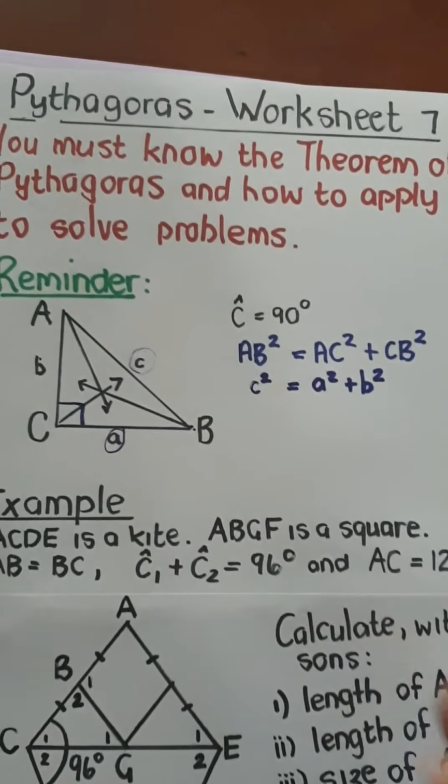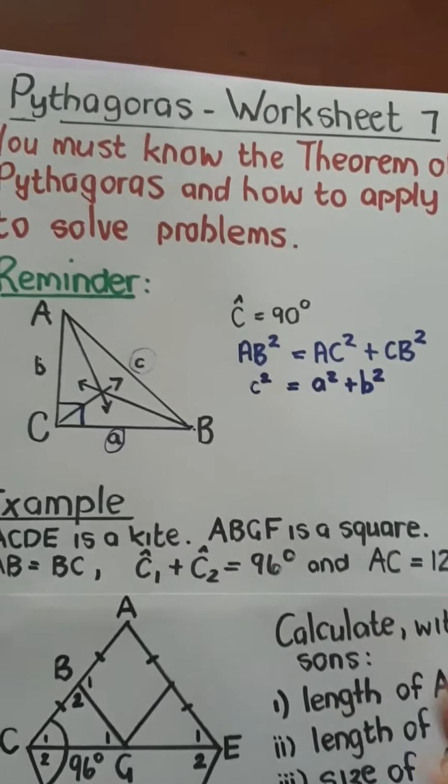I can say AE is equal to AC, is equal to 12 centimeters. And what is the reason for that? It's a property of a kite. So you can say adjacent sides are equal, or it is a kite. Right, so that part we've done with number 1.